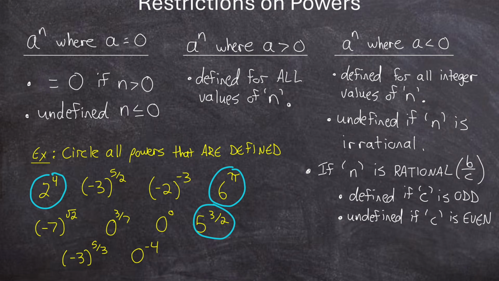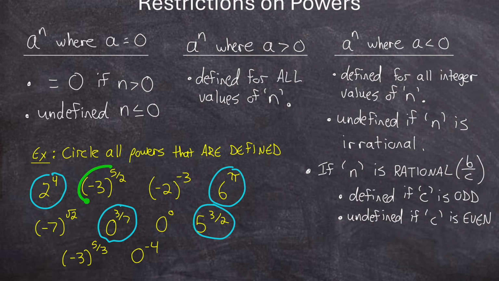And now let's look at the 3 powers that have bases of 0. If the base is 0, I know it's going to be defined if the exponent is greater than 0. So that's only this one right here, 0 to the power of 3 over 7. That will be defined. But 0 to the power of 0 and 0 to the power of negative 4 are both undefined.